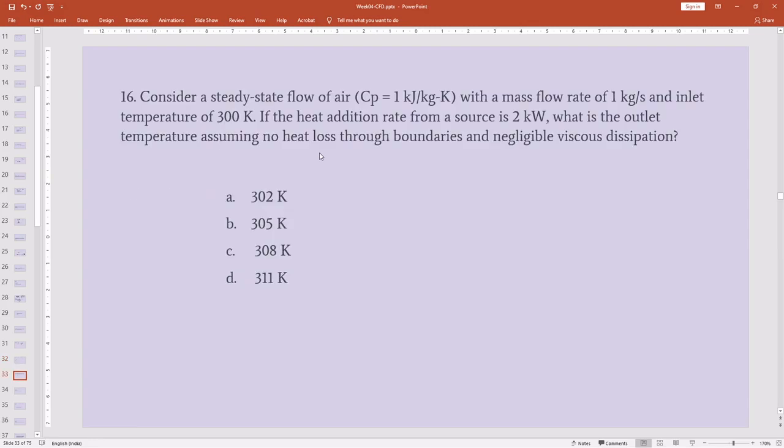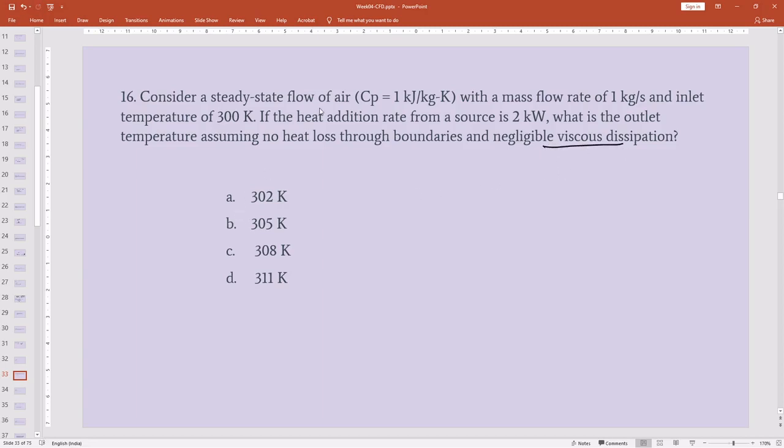Okay. Another one is a numerical problem. Consider a steady state flow of air with mass flow rate 1 kilogram per second and inlet temperature 300 Kelvin. If the heat addition is 2 kilowatt, what is the outlet temperature, assuming no heat loss through the boundaries and negligible viscous dissipation?